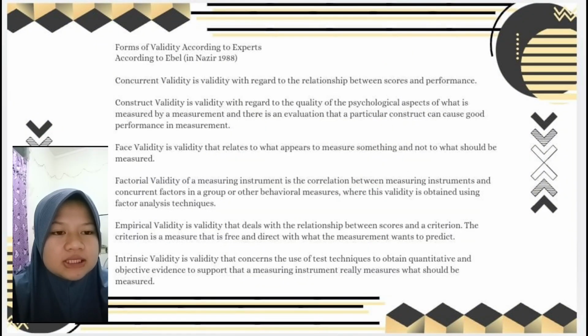Forms of validity according to experts. 1. Concurrent validity is validity with regard to the relationship between scores and performance. 2. Construct validity is validity with regard to the quality of the psychological aspect measured by a measurement, and there is an evaluation that a particular construct can cause good performance in measurement. 3.